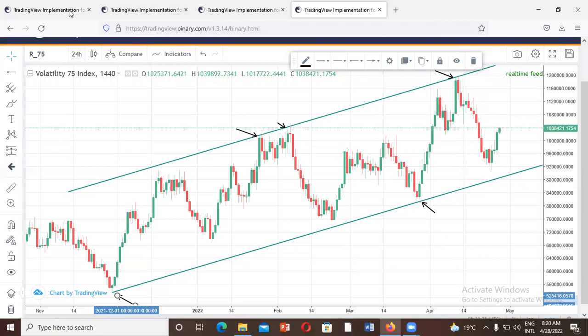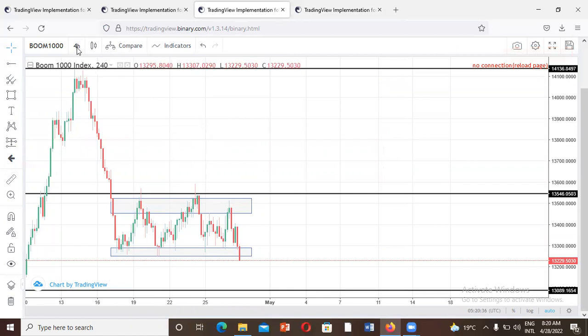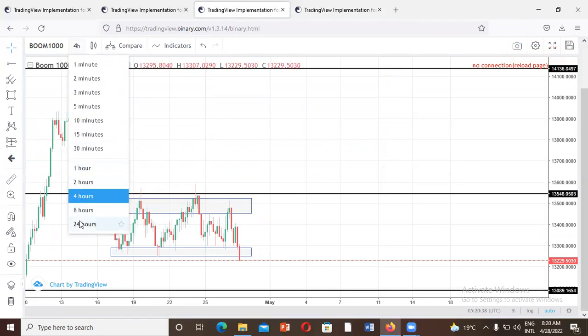There was also another question about a rectangular pattern. So there is this one here.